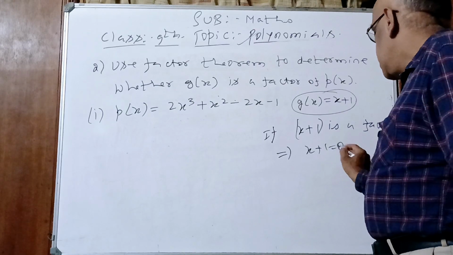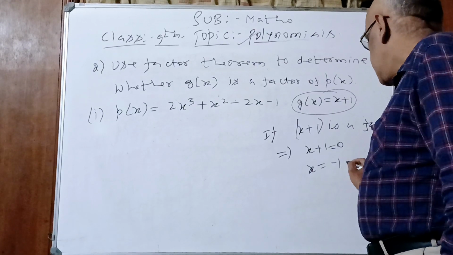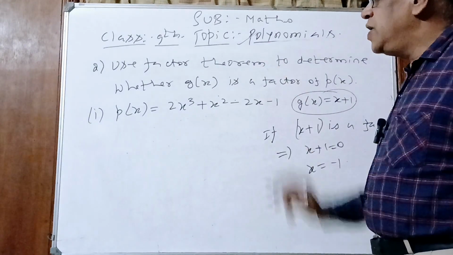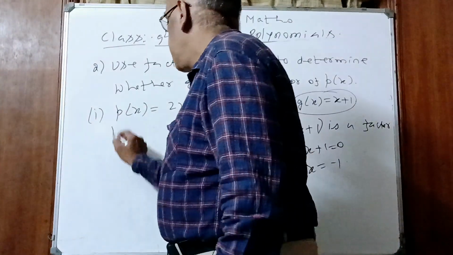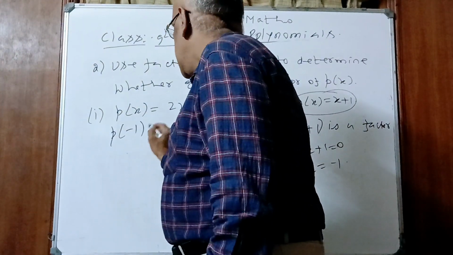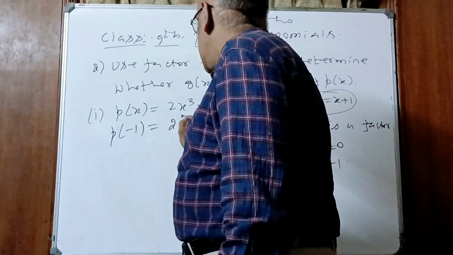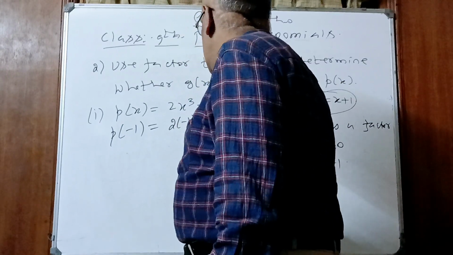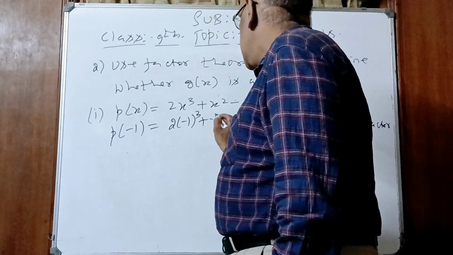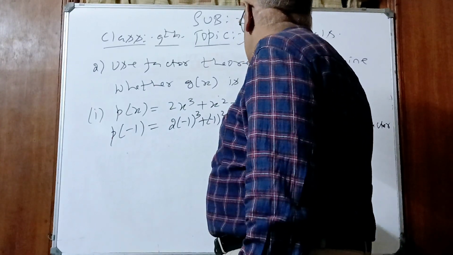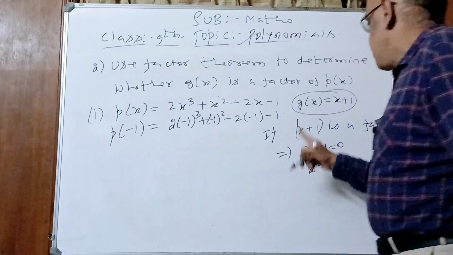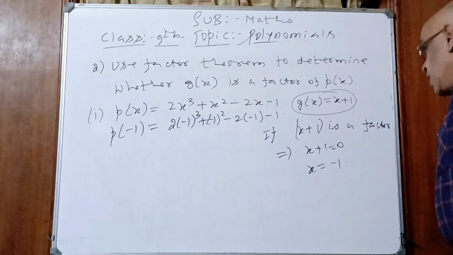X plus 1 is equal to 0, so x is equal to minus 1 is the 0 of this polynomial. Wherever x is there, put minus 1. P of minus 1 is equal to what do we get, children? 2 into minus 1 cube plus minus 1 square minus 2 into minus 1 minus 1. So please practice this.